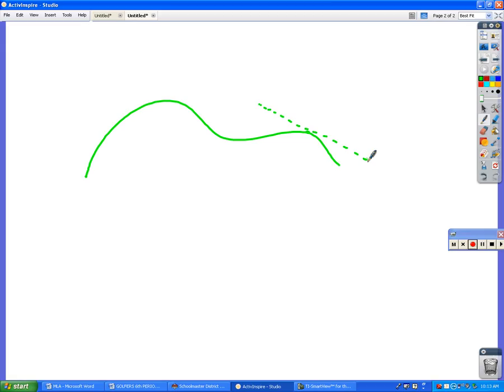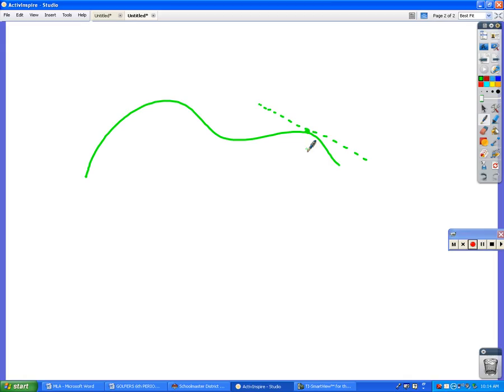And so what the tangent line approximation is, it's saying if I want to know what the value of this is at this point right here, instead of plugging that into this crazy weird function, as long as I'm close to that point, if I plug it into the equation for the tangent line, then I'm pretty close to the real answer also, right? Because the tangent line is very close to the graph near the point of tangency, okay? So all it is is using the equation for the tangent line to find the value of the function instead of using the function itself.